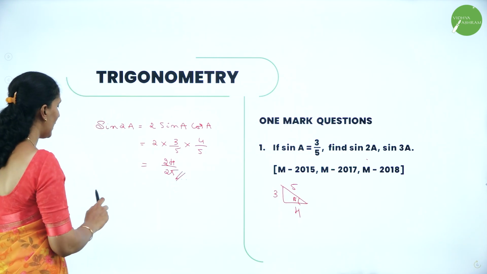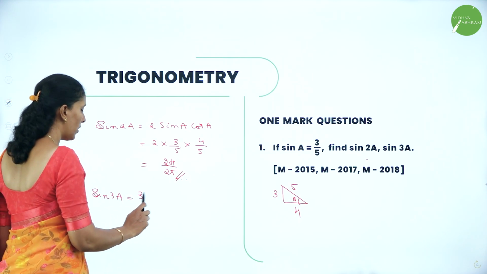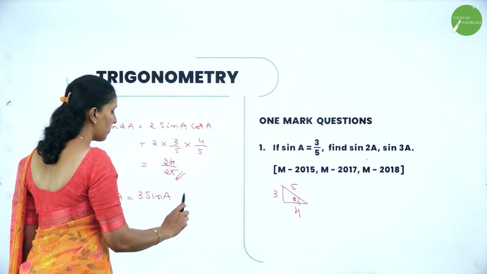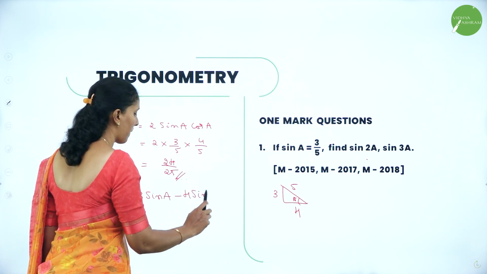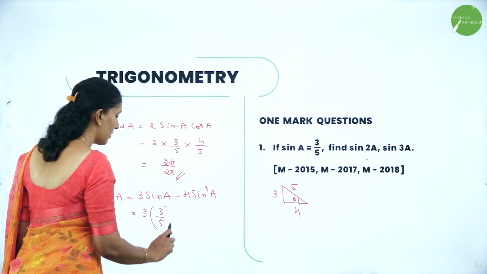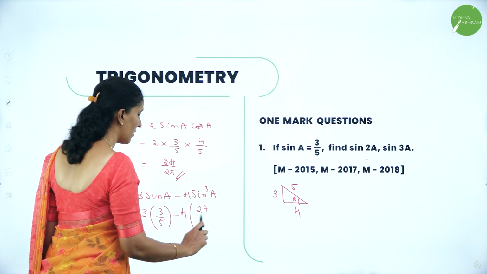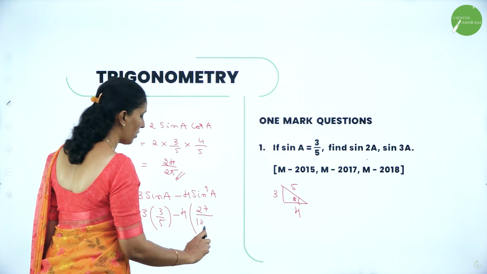Now if you want to calculate sin 3A, you know the formula of sin 3A, that is, it is equal to 3 sin A minus 4 sin cube A. So 3 into 3 by 5 minus 4 into 3 cube, which is 27, divided by 5 cube, which is 125.